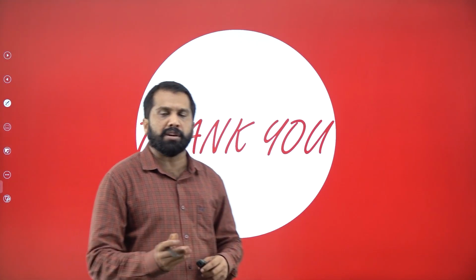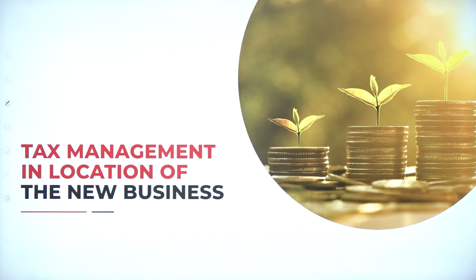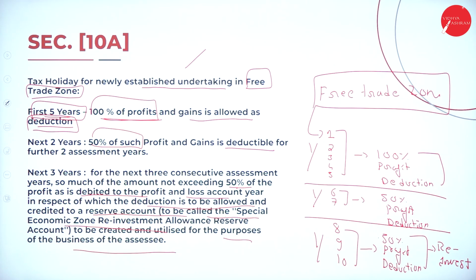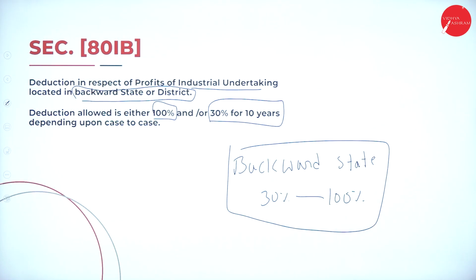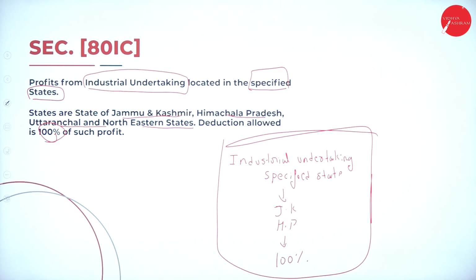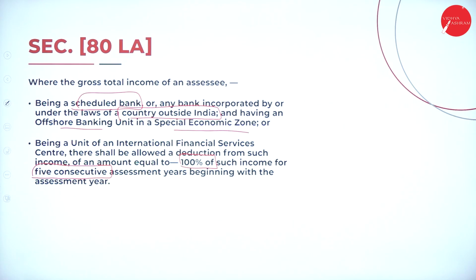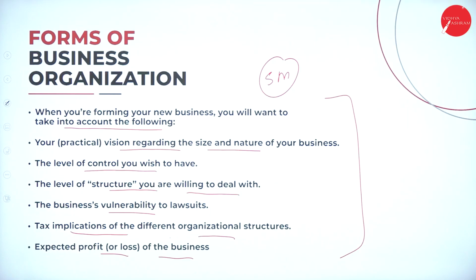Yes. So I'll go back to all your previous slides. If you want, you can take a screenshot. So, tax management in location of the business: your section 10A, section 10IA, section 10IB, section 10IB subsection 11B, section 80IC, section 80LA, your forms of business organization.